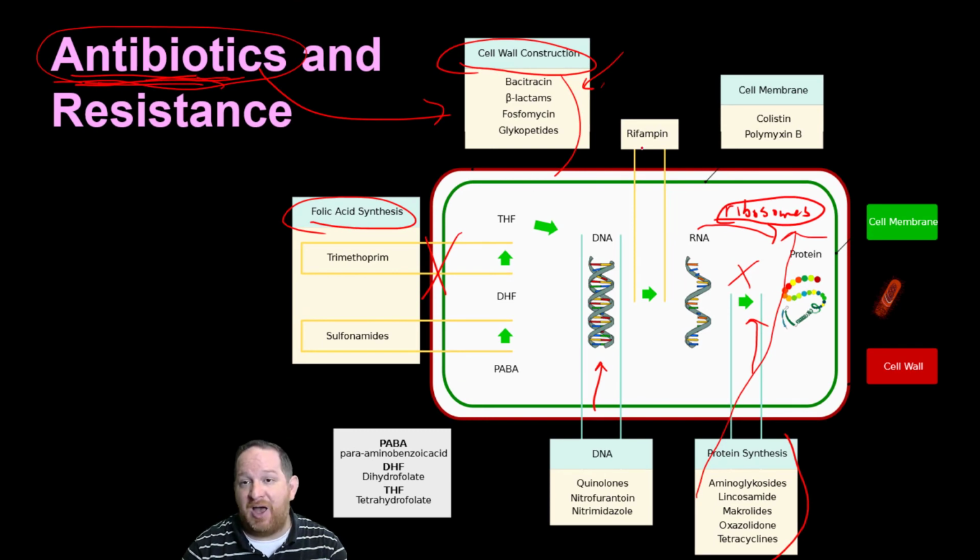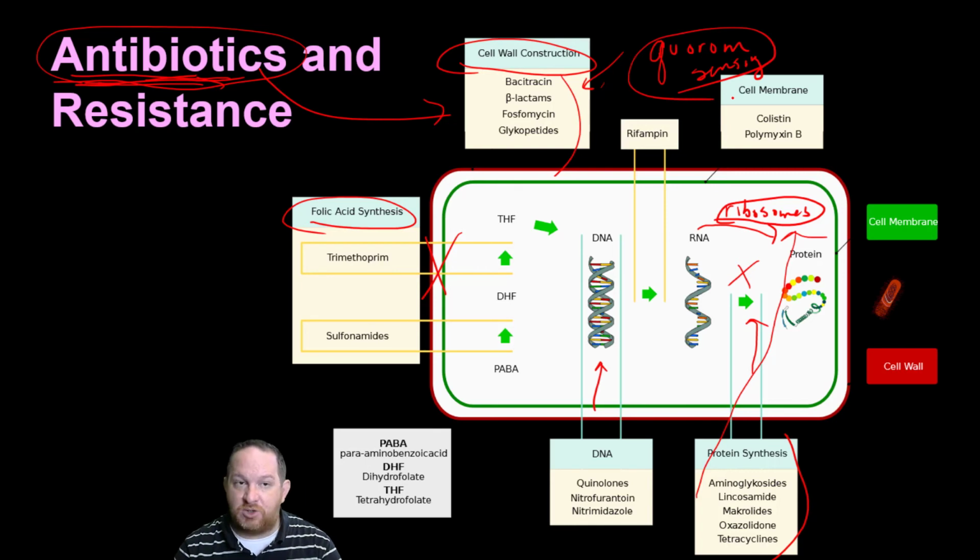One of the newer ways to make antibiotics is by targeting signaling. You may remember we talked about this idea of quorum sensing. This is the idea that bacteria look around for each other before they start to attack. They want to get a quorum, and that all revolves around cell signaling.